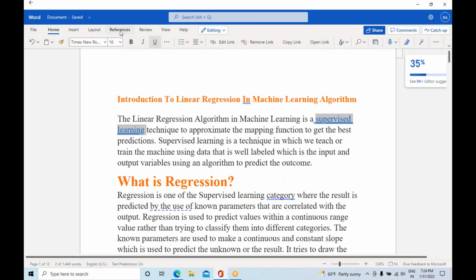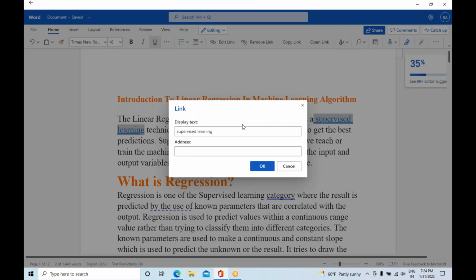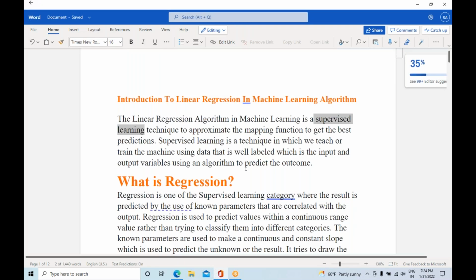Supervised? What exactly is supervised? Tell me, guys, what exactly is a supervised machine learning algorithm? See, guys, a supervised machine learning algorithm or technique is mapping a function for best prediction.